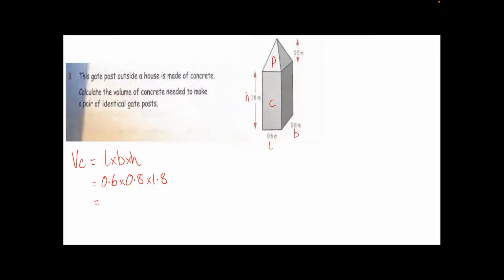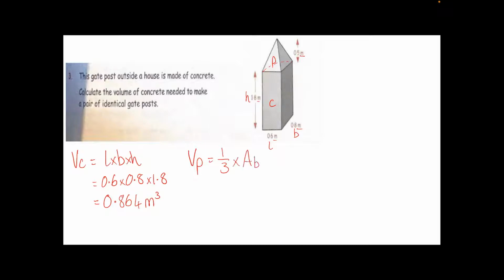When I pop that into my calculator, I get 0.864 metres cubed. So let's be careful this time, our units are all in metres. My volume of a pyramid then is a wee bit similar to what we would do with our prism. So it's a third, but this time it is the area of the base.